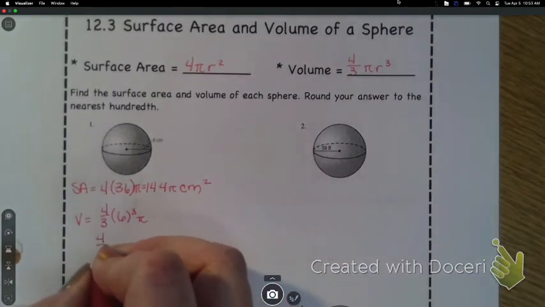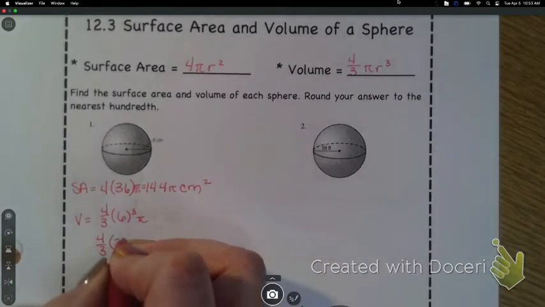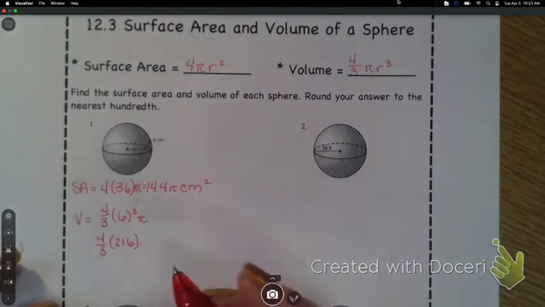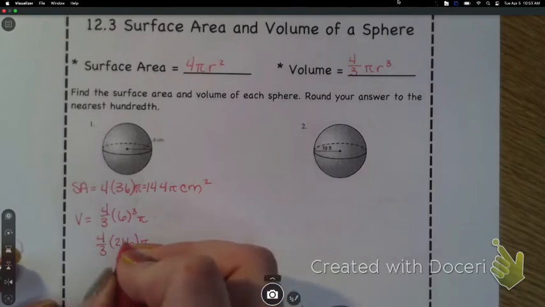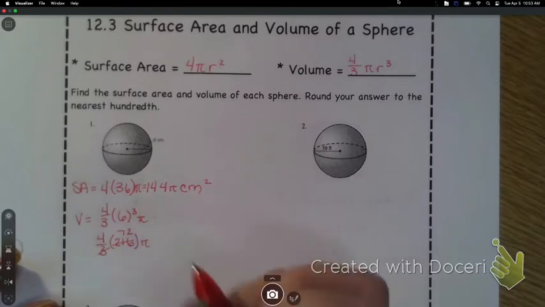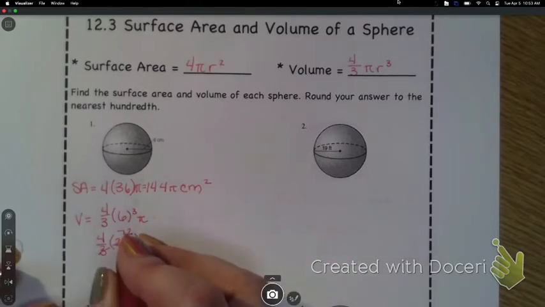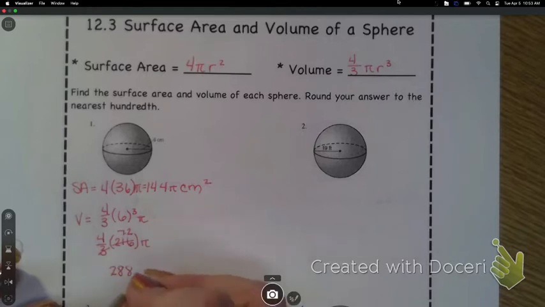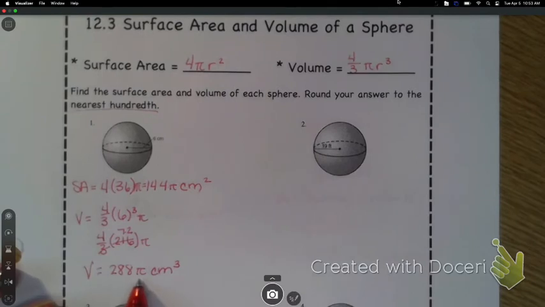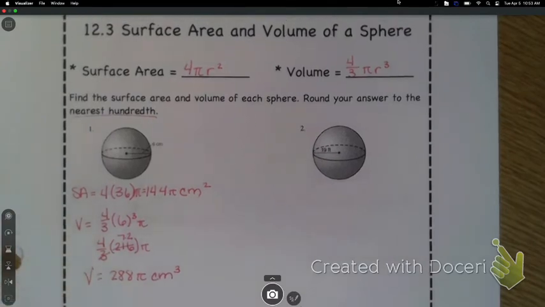So I have 4/3 of 216, and 3 goes into 216, yes? 3 goes into 21 seven times and into 6 twice. So I get 4 times 72 is 288 pi centimeters cubed. Now it says round your answer to the nearest hundredth, but that's this part. Leave the pi in it, okay?